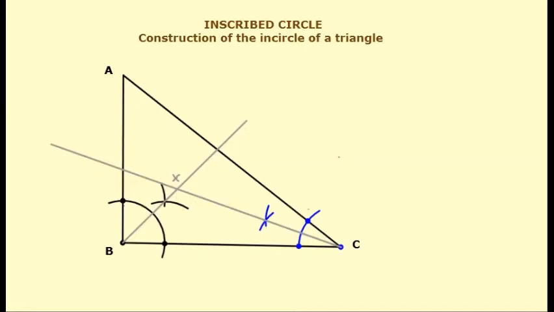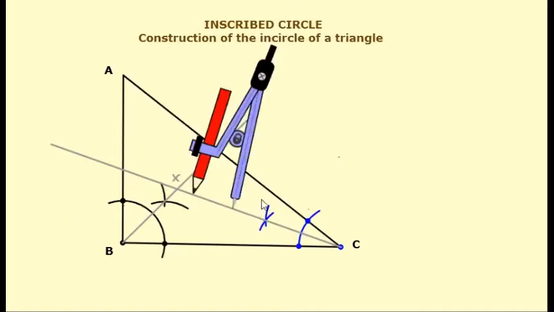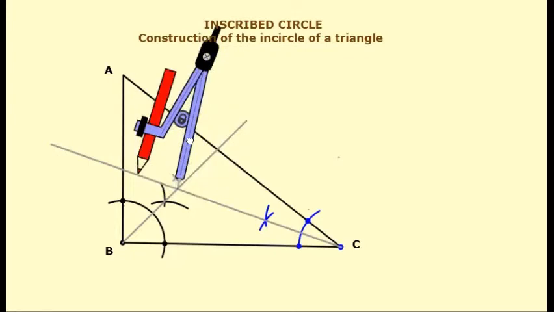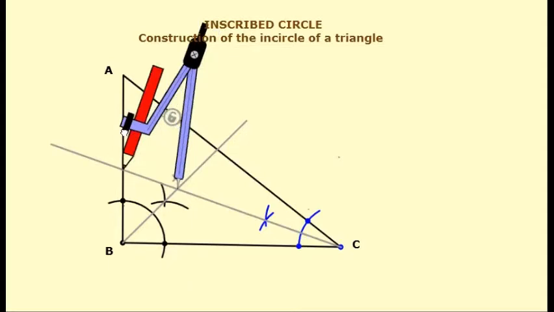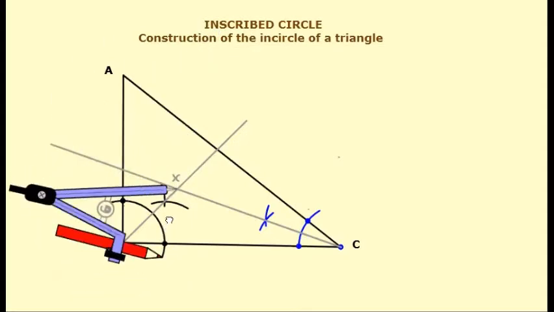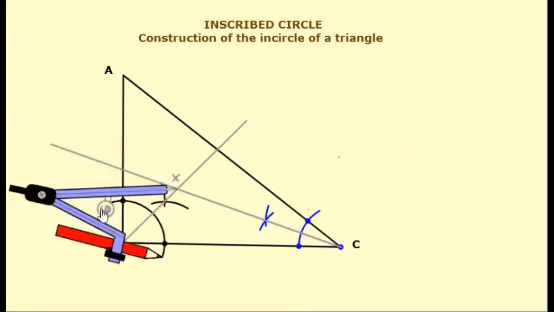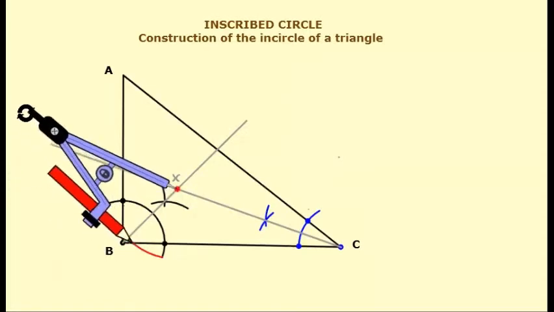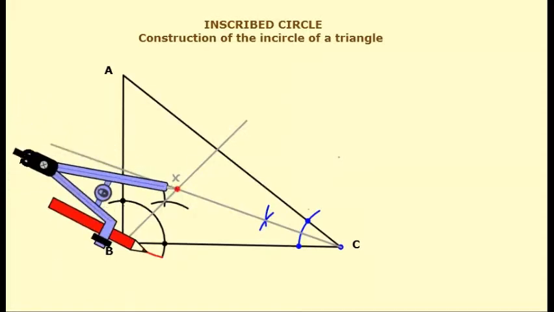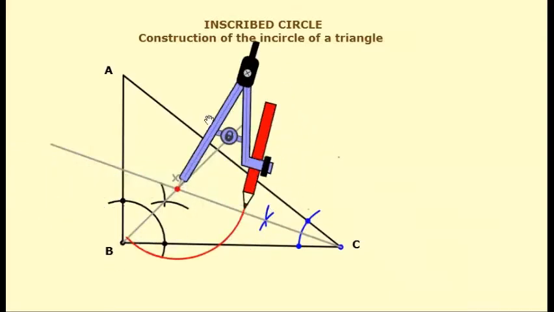What I'm going to do is choose the BC side and drop the perpendicular to BC. I keep the compass on the point X and extend it a little like this.